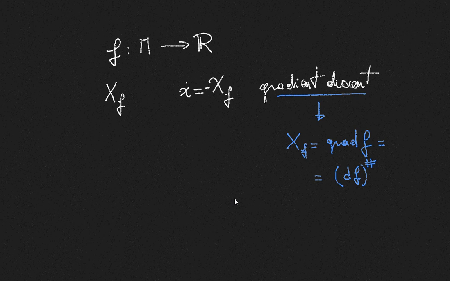So we use the metric to transform the differential of f, which is a differential form, into a vector field. So in coordinates, we are just raising the index of the differential form. So this is just it.